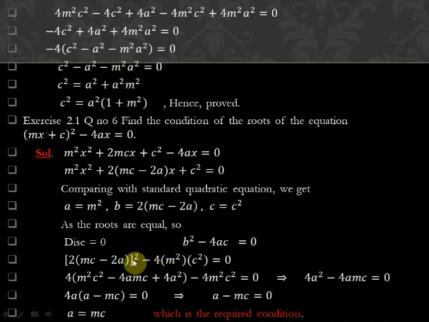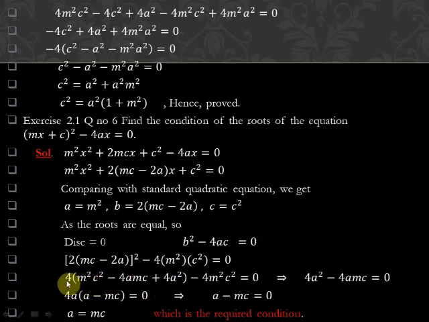On expanding the square formula, 4m²c² − 2 · 4amc + 4a² − 4m²c² = 0.